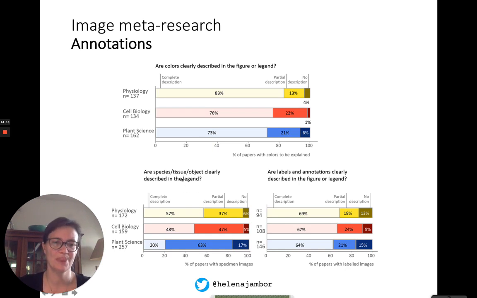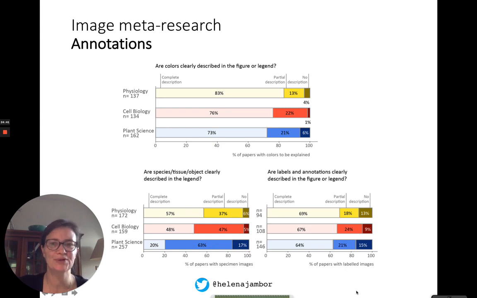So if you open the figure, can you actually figure out what kind of object you're seeing at all, or do you really have to read the methods section for that? And the third question about annotations was whether all the labels, such as arrows or asterisks or symbols, are really clearly described in the figure legends.